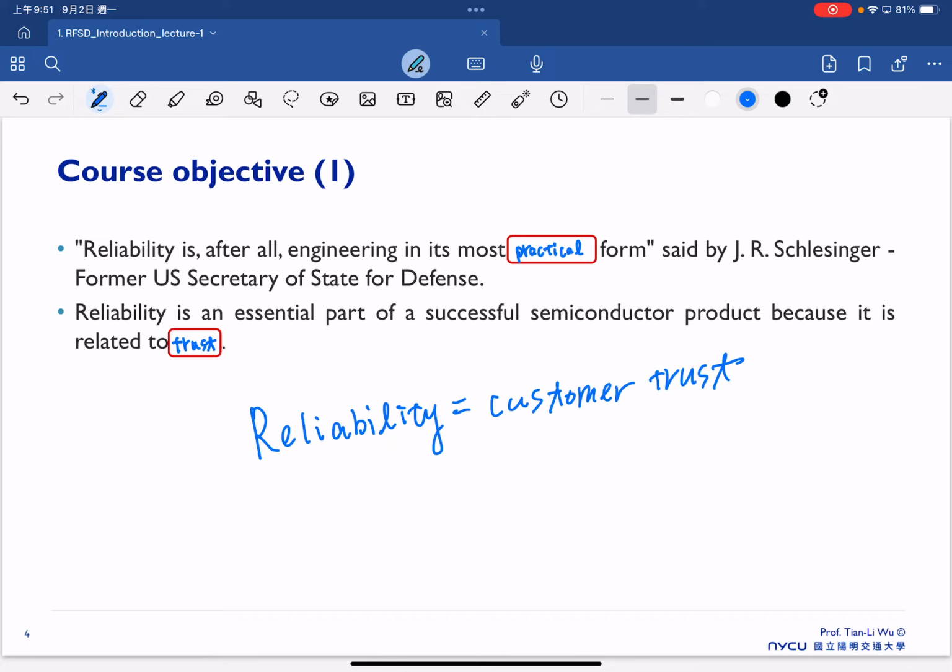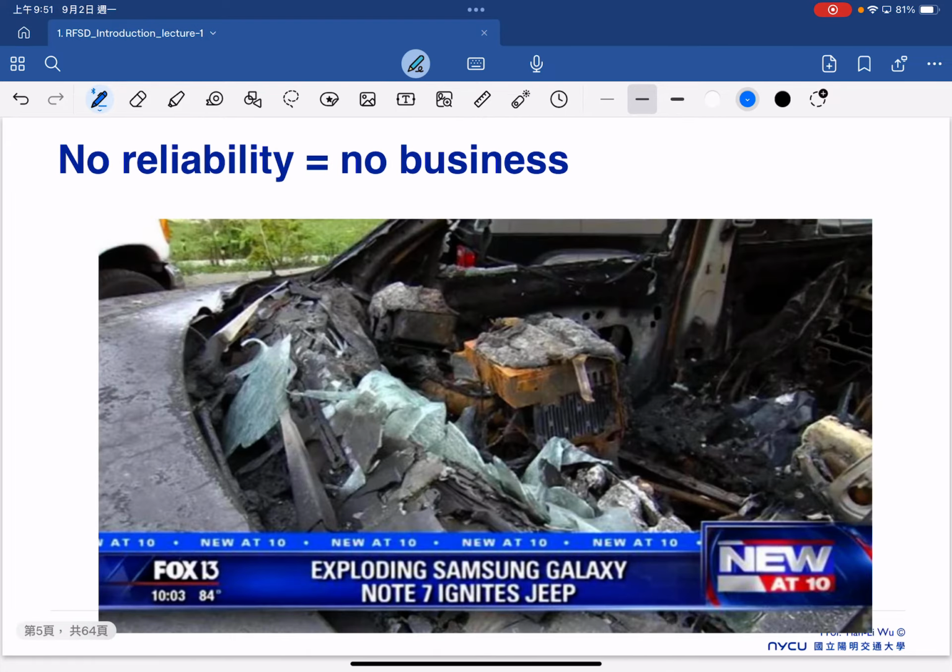Because you can imagine that if you buy a product, and in a later slide we will show some examples, and you use it for 1 month, 2 months, and you get a problem, you will start to feel not good about it, you will lose the trust for this product. One example, from several years ago, happened in 2015 or 2016.